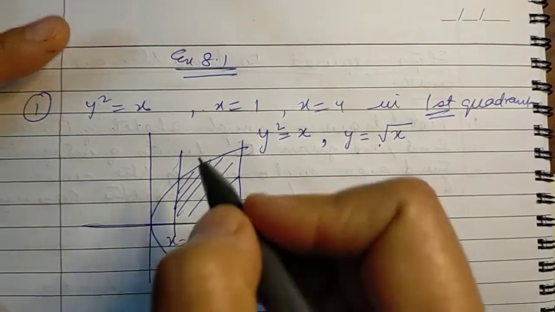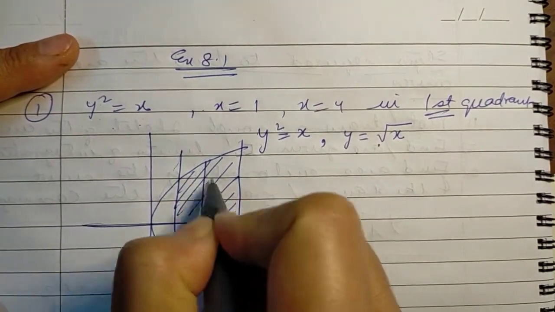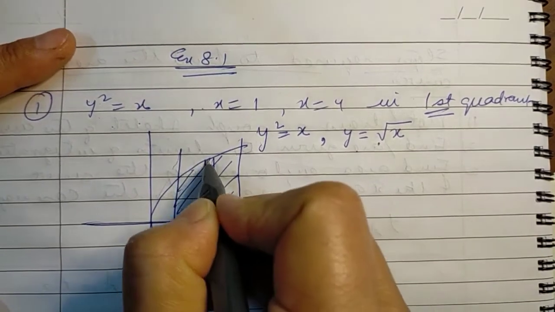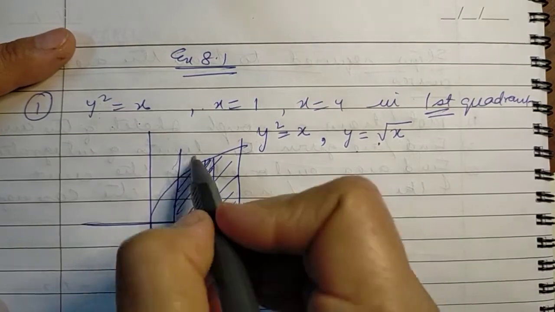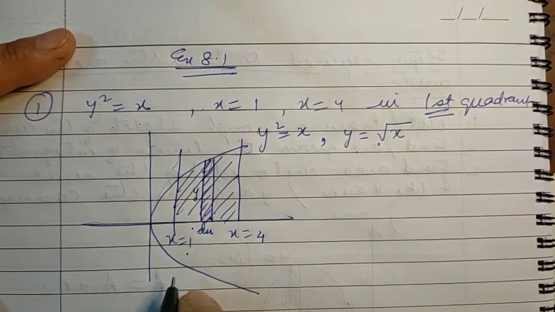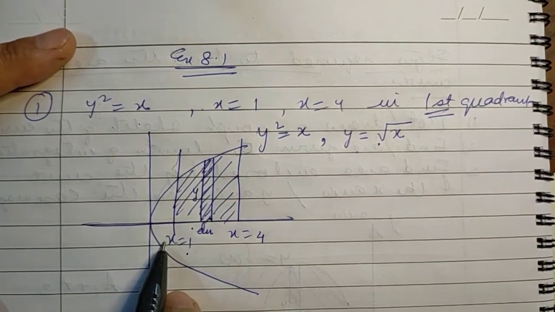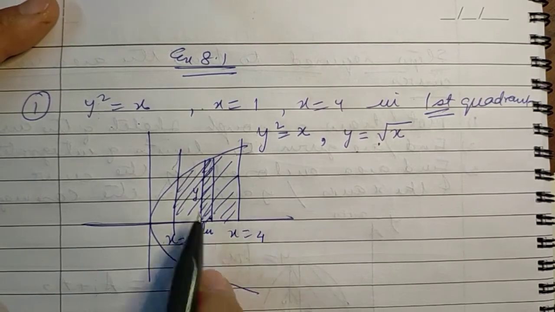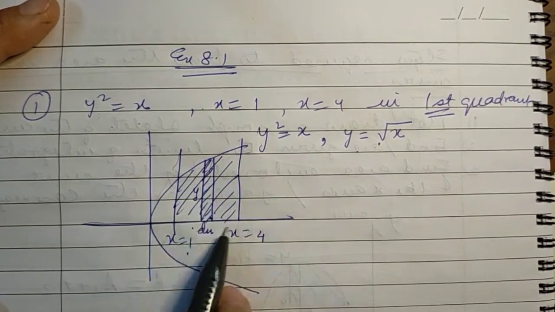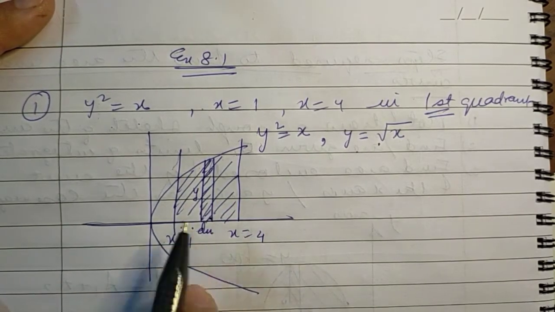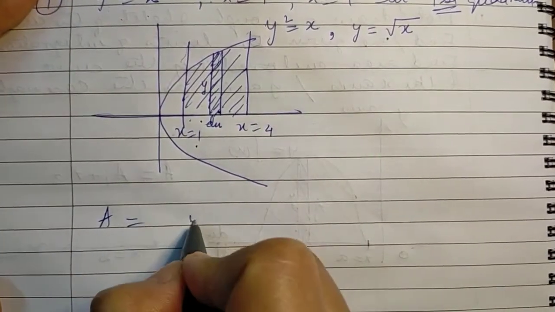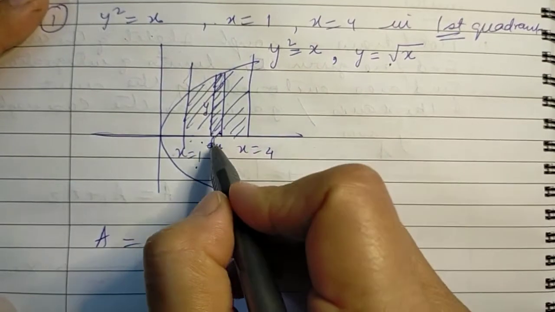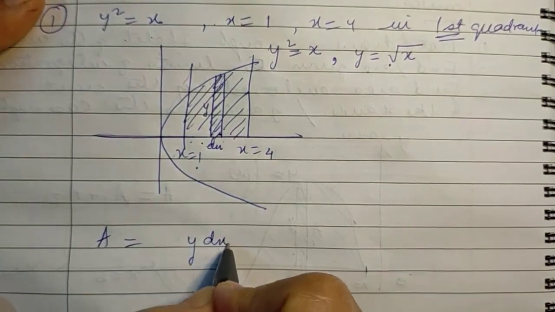As I had already mentioned, what we do is we will be drawing a thin strip of thickness dx, and this is y. So this has to be dragged from x equal to 1 to x equal to 4 to cover this entire area. And so the required area will be y, which is this, into dx, which is this.